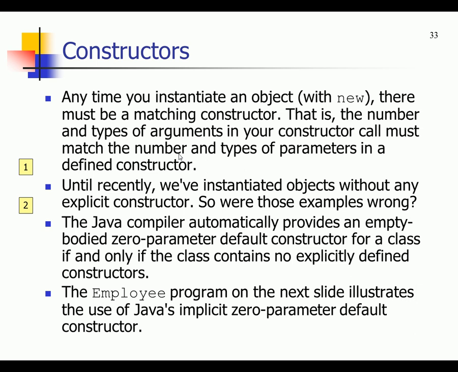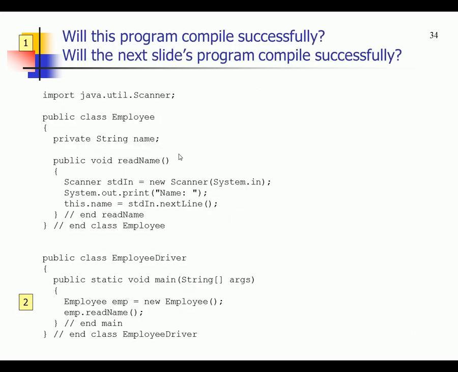The Java compiler automatically provides an empty-bodied, zero-parameter default constructor for a class if and only if you didn't specify any. On the next slide, you notice there's no constructor at all. The driver at the bottom says on line 2, Employee emp equals new Employee.